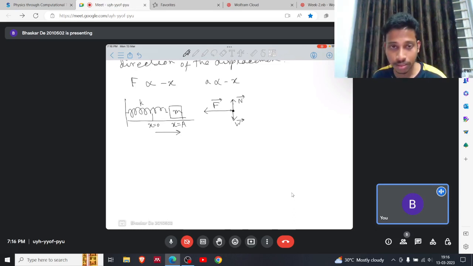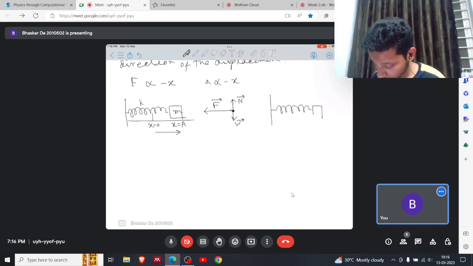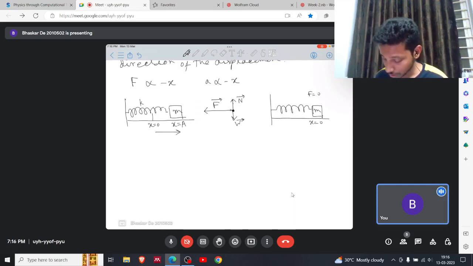Now, after we release this mass, the mass will go to x equal to 0, and at this point F is equal to 0. But the mass has come from x equal to a to x equal to 0, so that means there is a certain velocity of the mass.